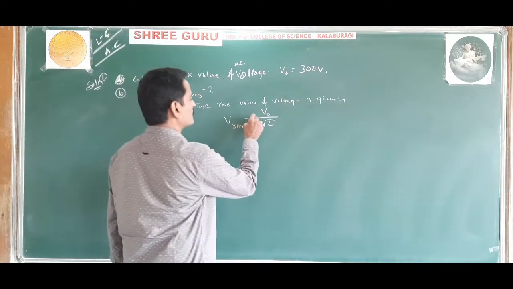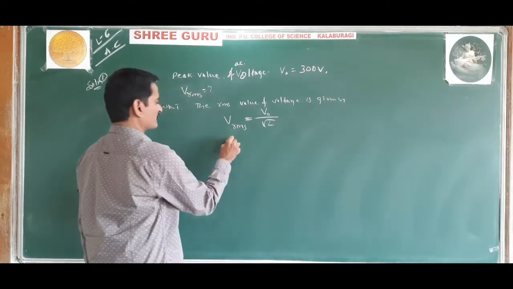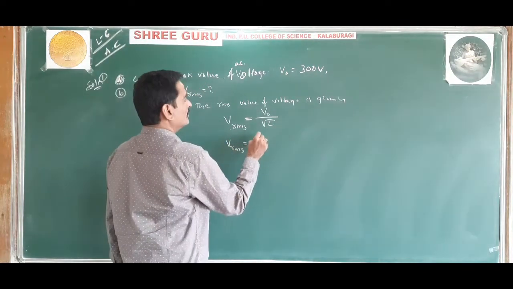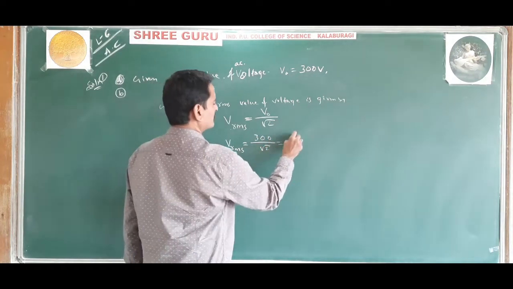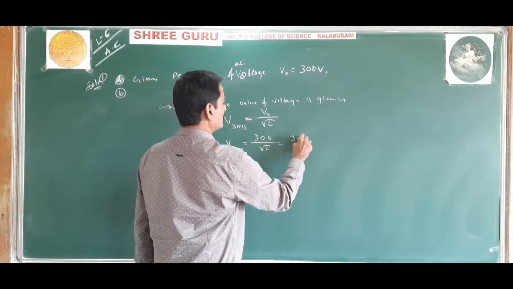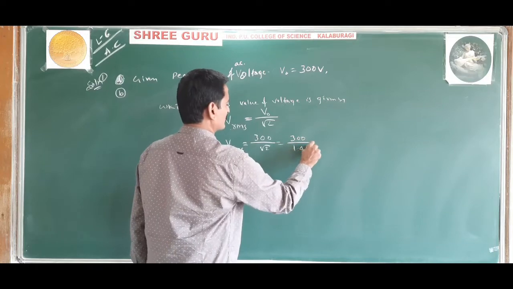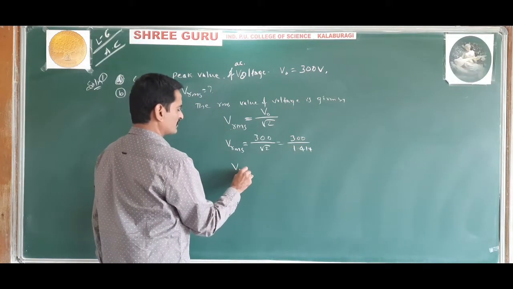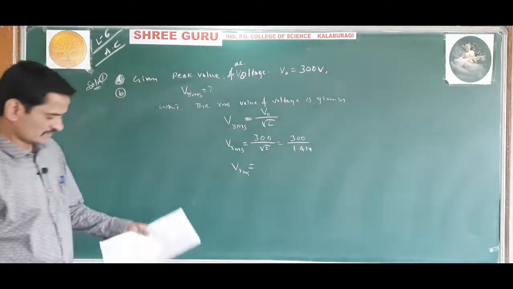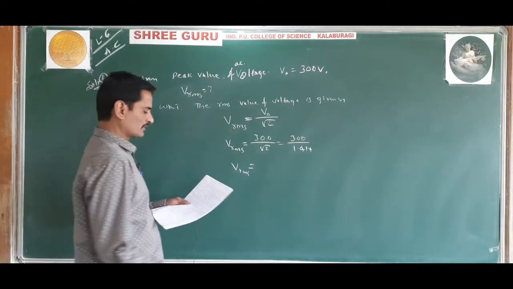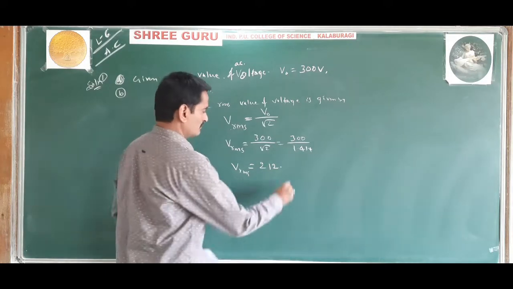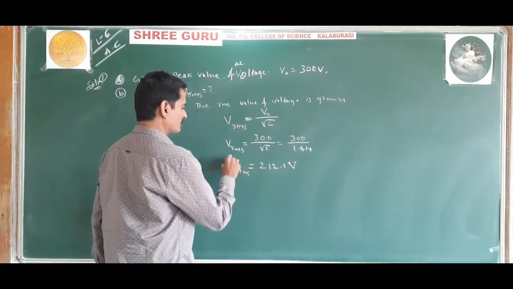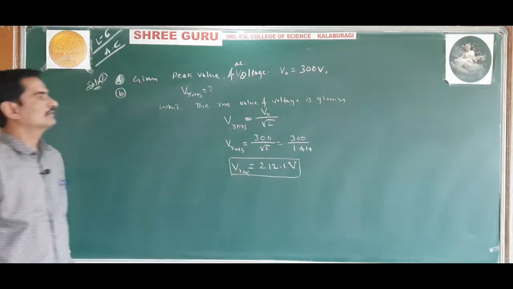So RMS value is equal to peak value divided by root 2. Therefore VRMS is equal to V0, which is 300, divided by root 2. Root 2 is 1.414 something. So do the calculation and you will get the answer: 212.1 volt. So this is the answer for the first one.